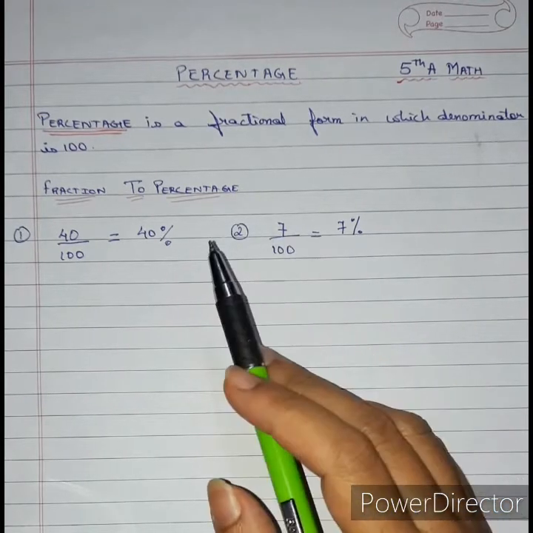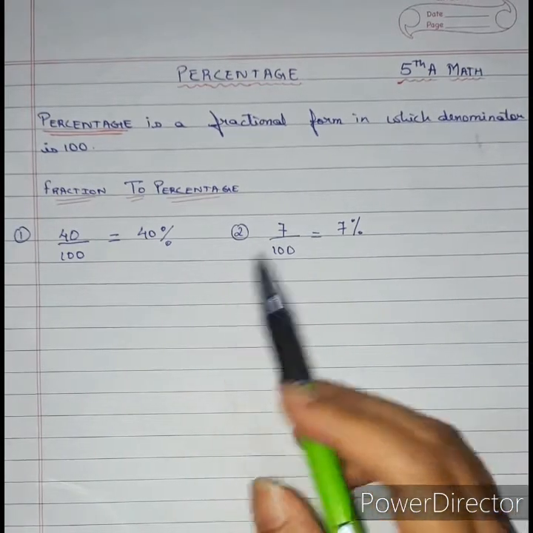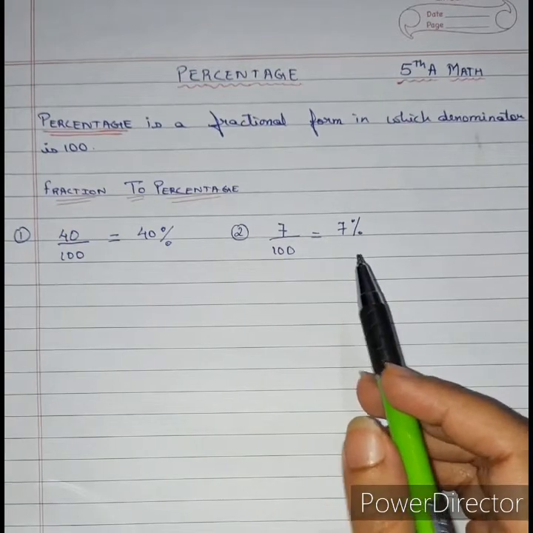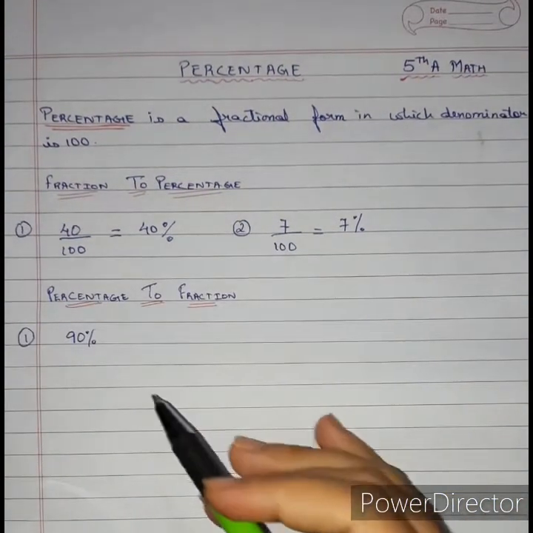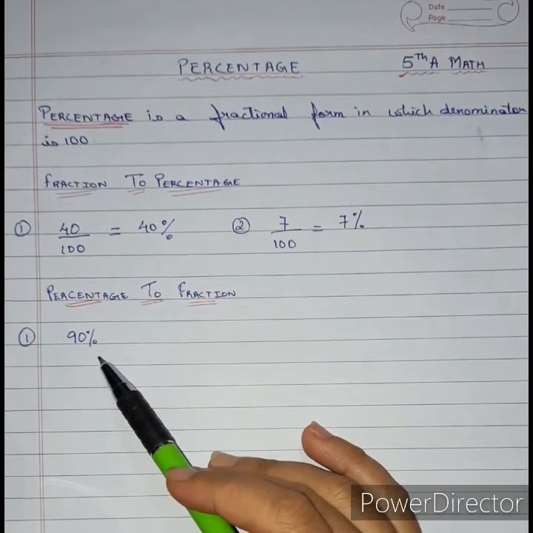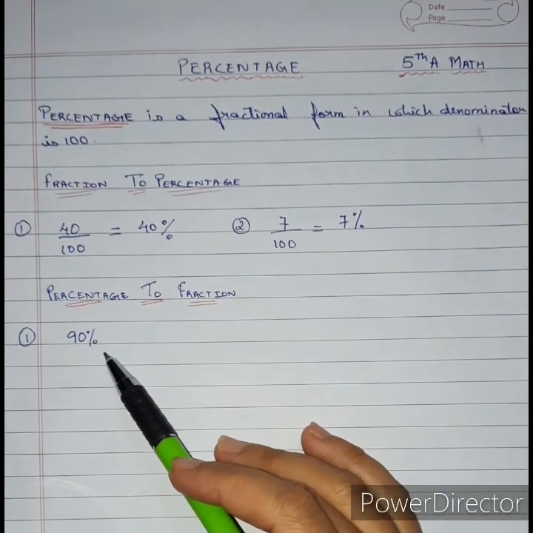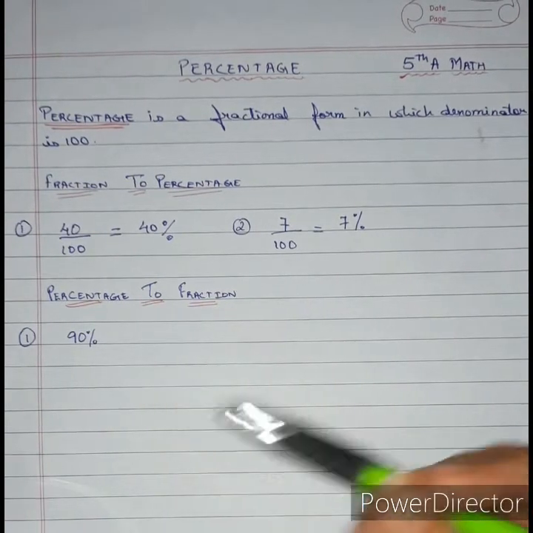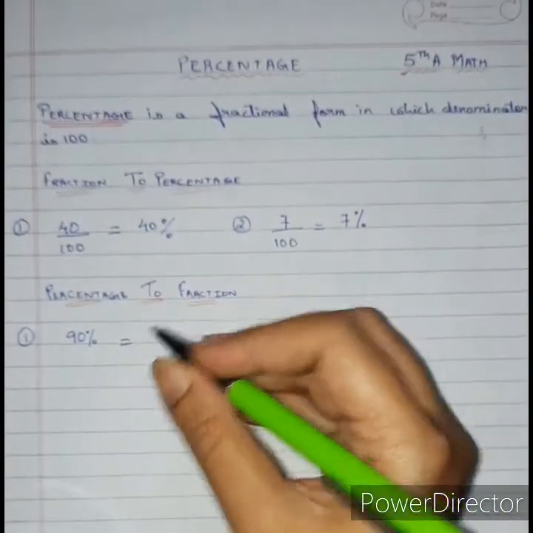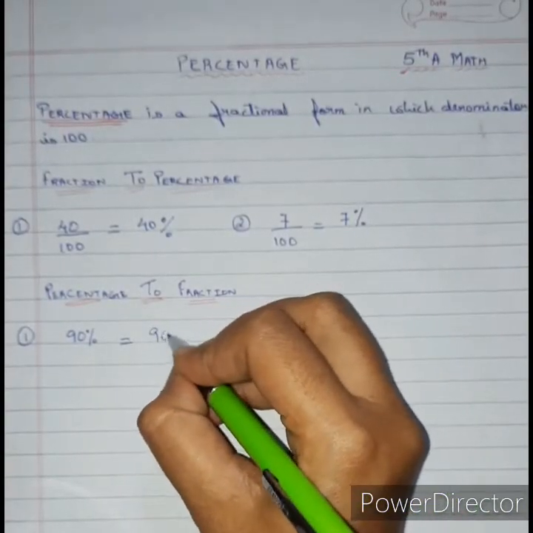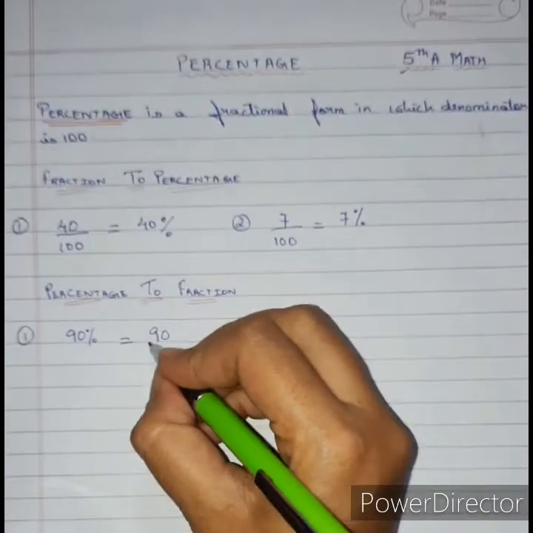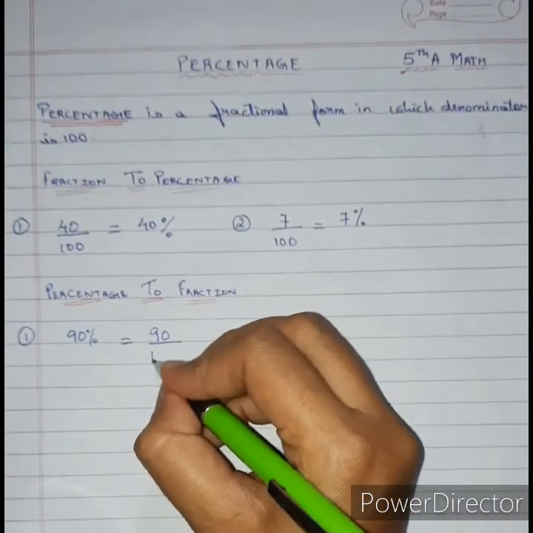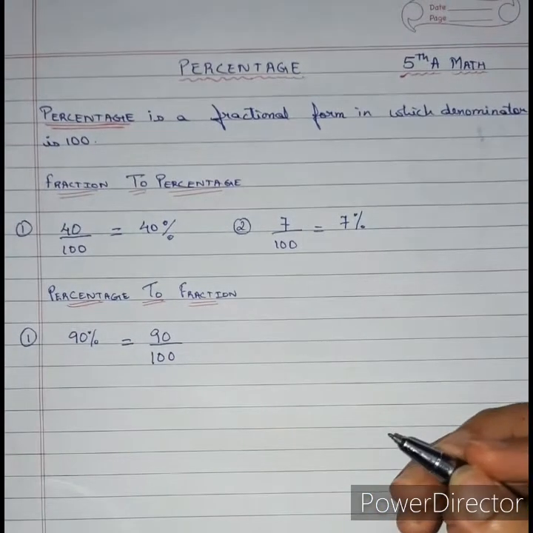Let us see how to have when we have a percentage and we have to convert into a fractional form. Suppose we have the percentage given to us as 90% and we need to write in the fractional form. Very easy. You just have to put the number which is given to you as the numerator, remove the percentage sign, and it will become 90 upon 100.